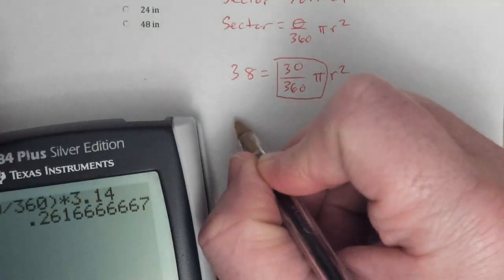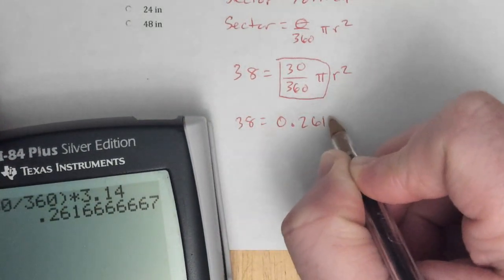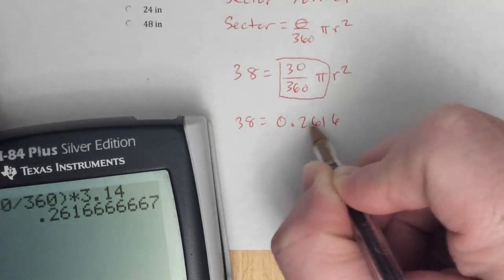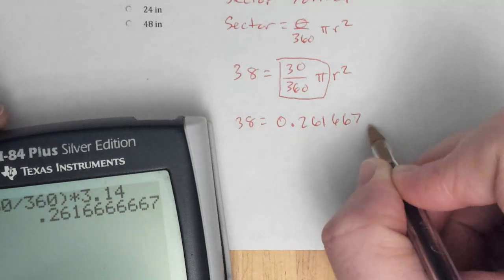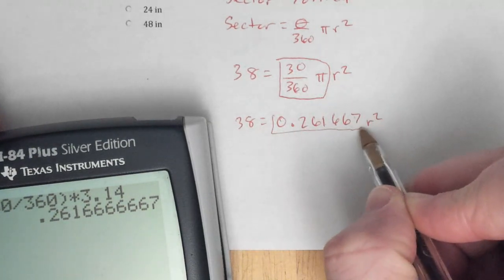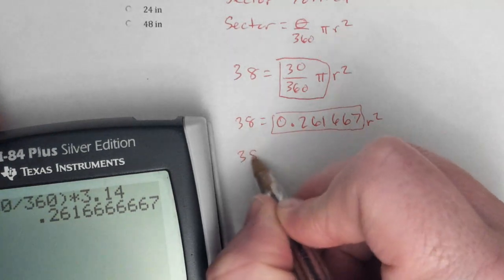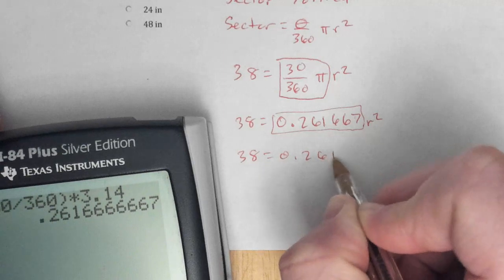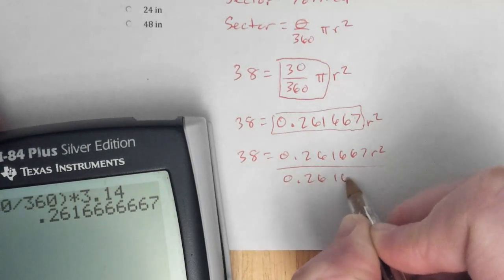Okay, so I get 38 equals 0.261667 r squared. Okay, so this turned into this, right? And what would you do next? We would divide, right? So 38 equals this big number. We're going to divide both sides by that.